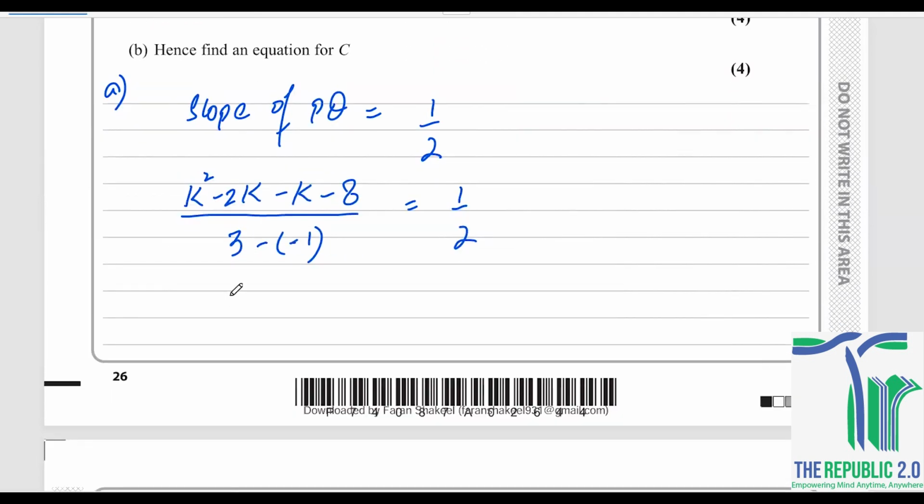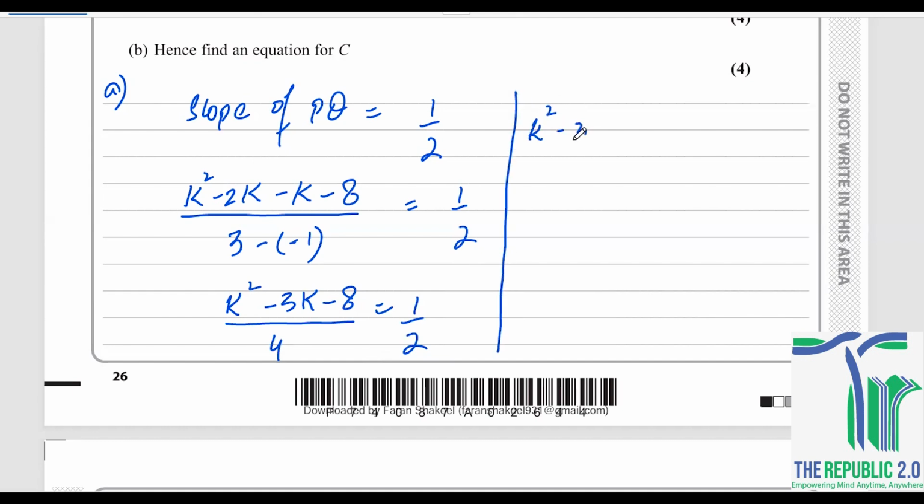After solving it down, I would have (k² - 3k - 8)/4 equals 1/2. Solving further, k² - 3k - 8 equals 4/2, which is going to be 2. And the end equation would be k² - 3k - 6 equals 0.